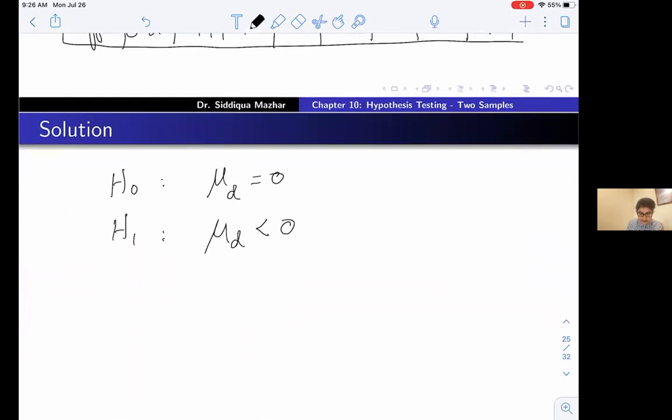And then you have to use a t-test because this is one sample. We are going to discuss paired data as one sample. So this is a one sample t-test again.